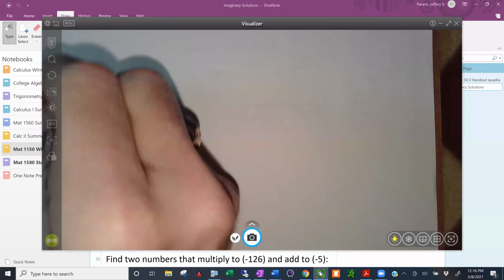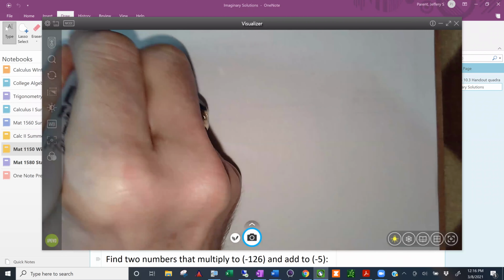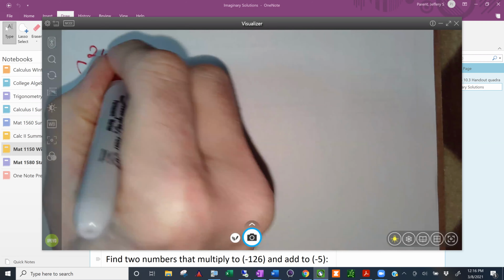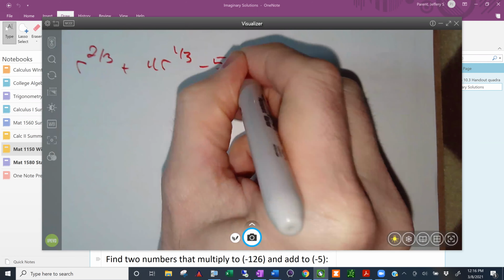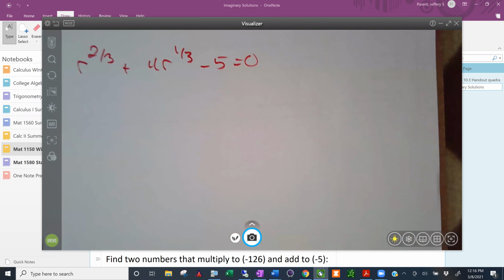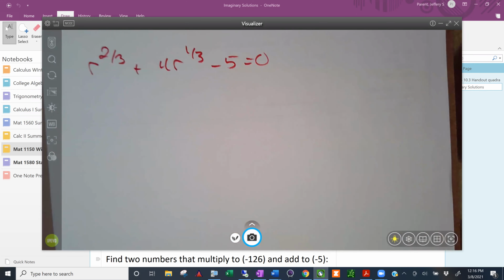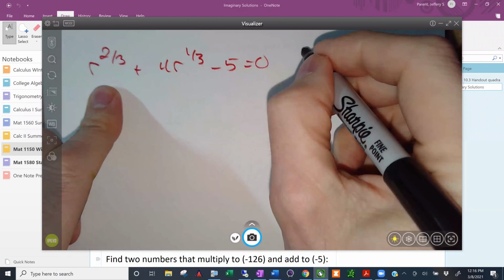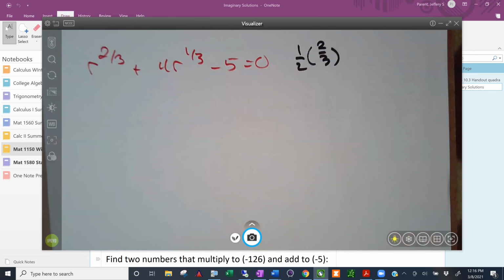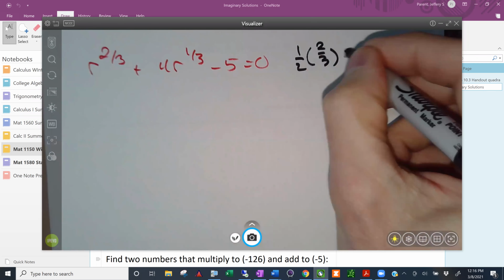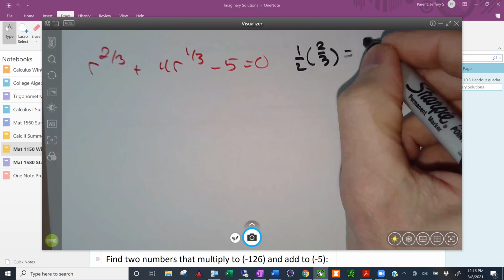So r to the 2/3 plus 4r to the 1/3 minus 5 equals 0. If you take a look at the first exponent, which is 2/3, and you multiply that by 1/2, now usually I cancel, but I'll show it a different way.